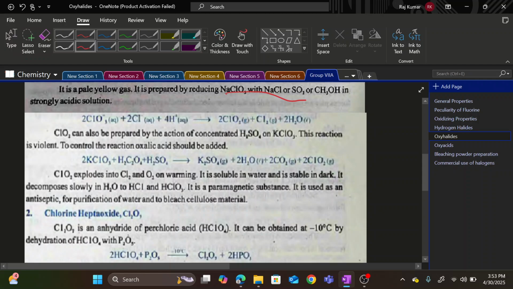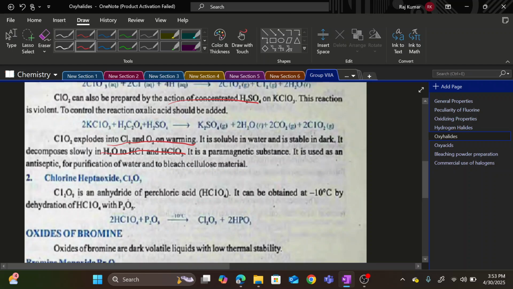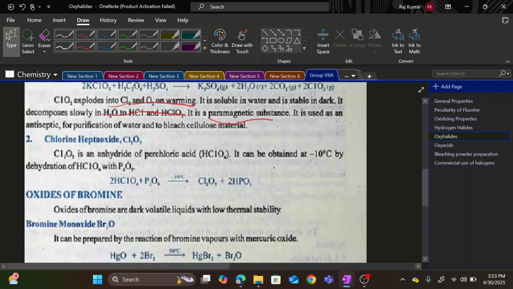Chlorine dioxide can also be prepared by the action of H2SO4 on potassium chlorate, and it explodes into chlorine and oxygen on warming. It is soluble in water and is stable in the dark. It decomposes slowly in H2O to HCl and HClO3, and it is a paramagnetic substance. It can be used for purification of water, as an antiseptic, and to bleach cellulose material.